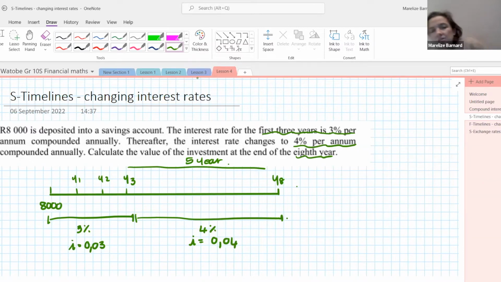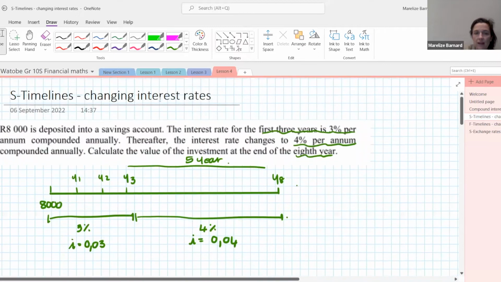Okay, so because of our change in interest rate, we need to calculate what our money is worth after the 3 years, and then work with it from that point onwards with the 4% interest. Okay, so we use our compound interest formula.